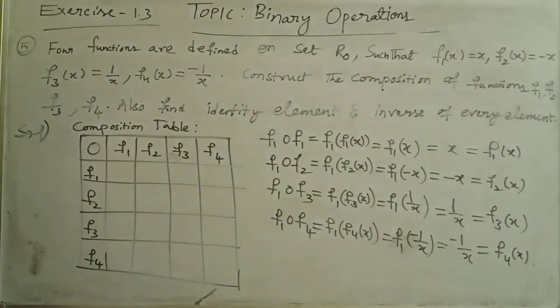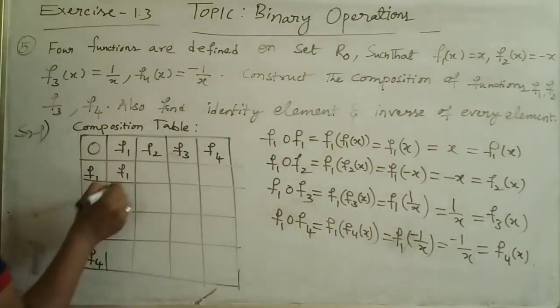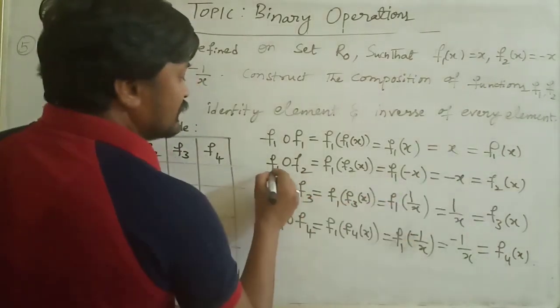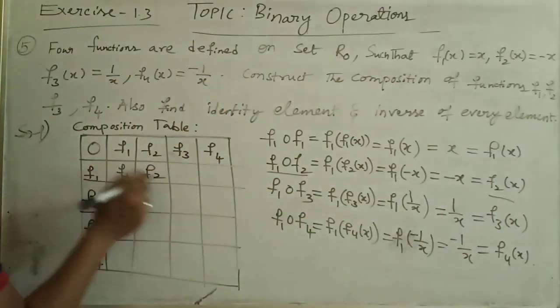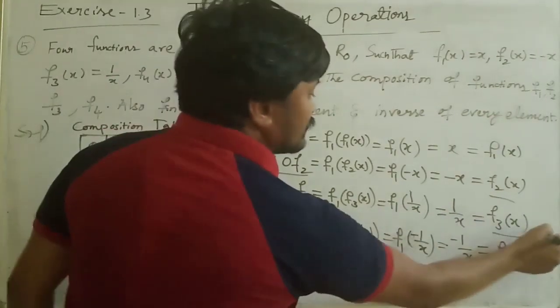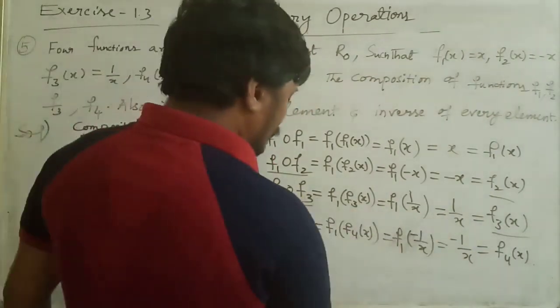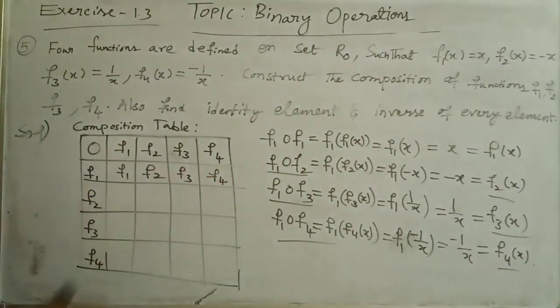So from this, what you understood? f1 circle f1 is nothing but f1. f1 circle f2 is f2. f1 circle f3 is f3. f1 circle f4 is f4. So first one done.